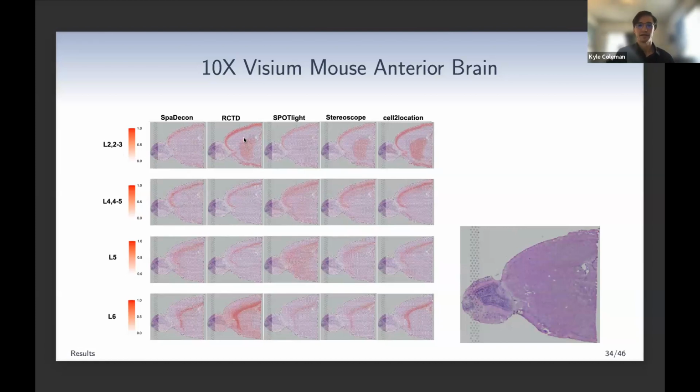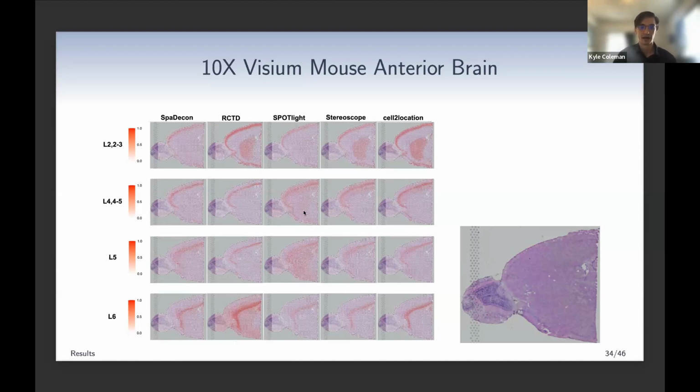When we look at the other methods, however, we see very high proportions of at least one of these cell types in a region where there should not be high proportions. If you look at RCTD, stereoscope, and cell2location, they all predict high proportions of L2-3 in the L2 and 3 layers, but they also predict very high proportions within the middle of the tissue section, which we really shouldn't be seeing. And same for L6 in RCTD, it predicts high proportions in pretty much the entire tissue section.